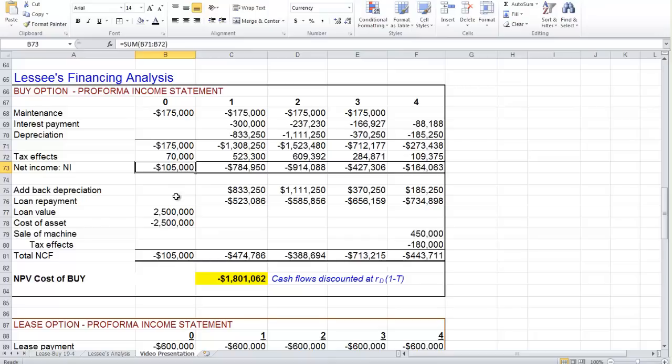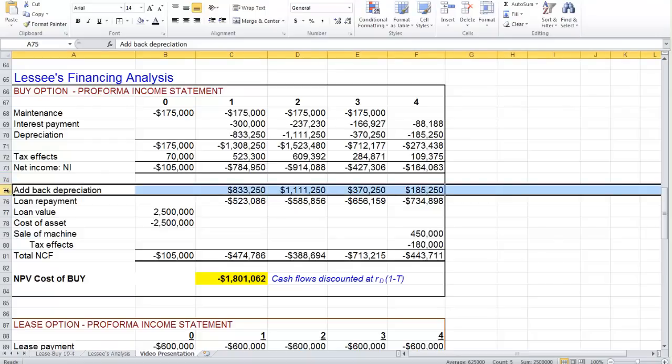The net income is simply, I use the sum command. You don't want to go this cell minus this cell, you'll miss it. So you use equals SUM, because summing will net the two in terms of their different signs. Now we add back depreciation, as you see right here, because depreciation is a non-cash charge.